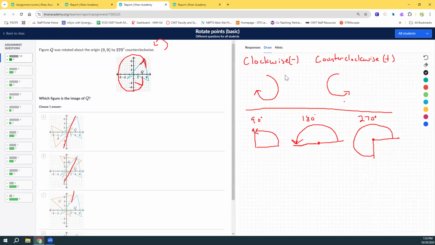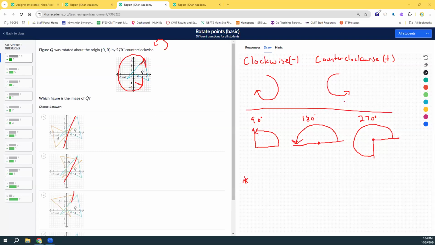Okay, so let's just make sure we got everything. We have clockwise, counterclockwise, we have our three multiples of 90. Let's also write down, well, that's good for now.